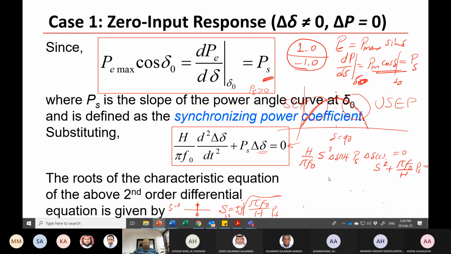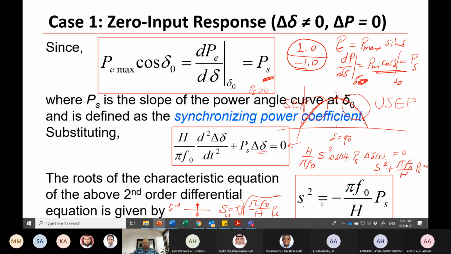So we can convert it to S domain, so it becomes S squared delta delta. And of course, you can have this coefficient equal to 1 by multiplying and dividing. So at the end, you can have this equation, S squared equal to minus pi f0 over H times Bs. So this is the characteristic equation.